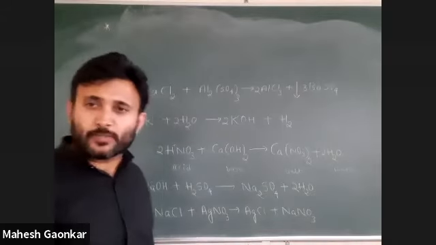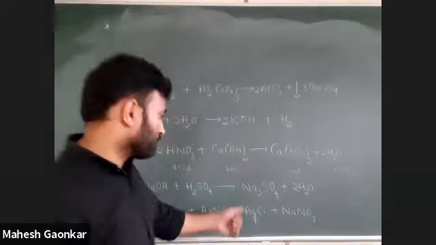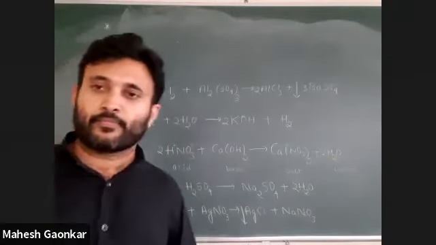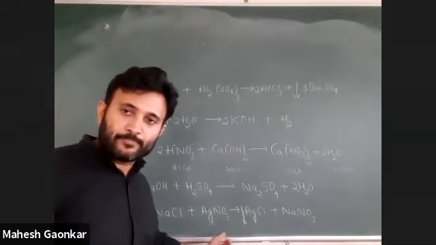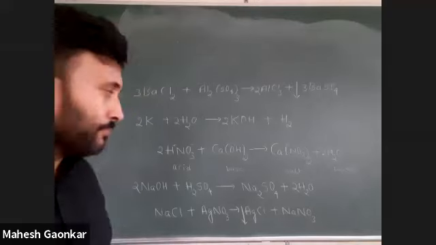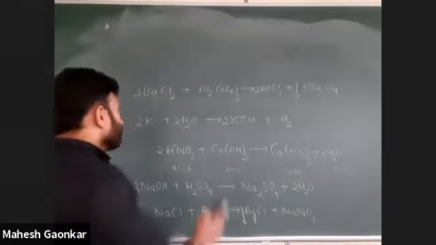It is a double displacement reaction. It's also called a precipitation reaction. AgCl gets precipitated. It's already balanced. Yes or no? Yes, sir. Can I move on to the next one?